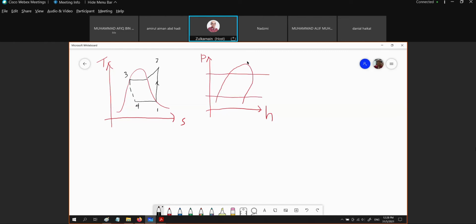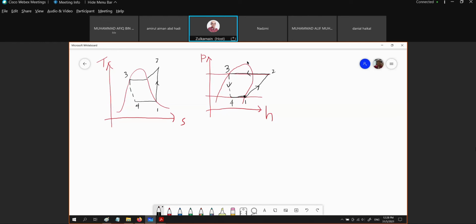So I will have this type of cycle. So this is a pH diagram for saturated. The condition of point 1 is saturated vapor and point 3 is saturated liquid.